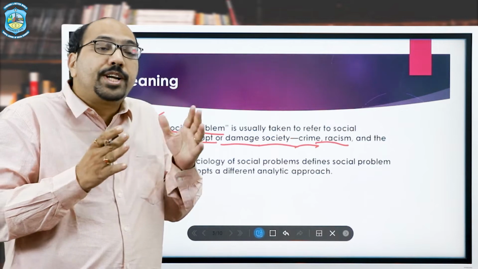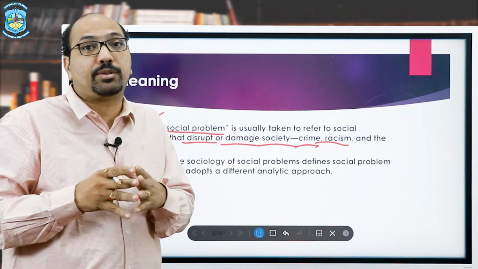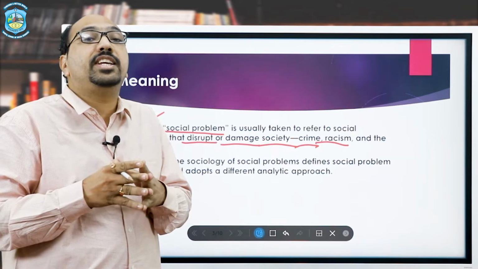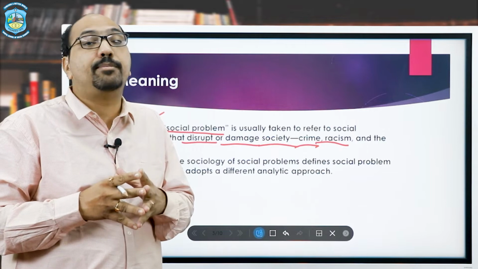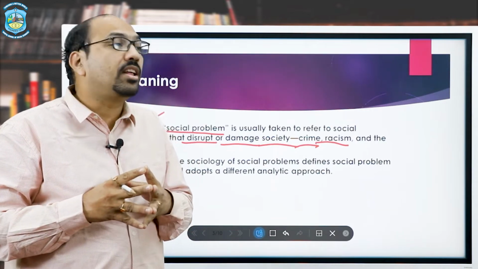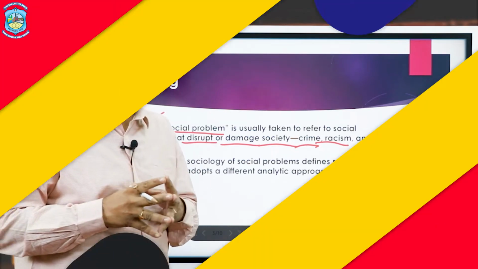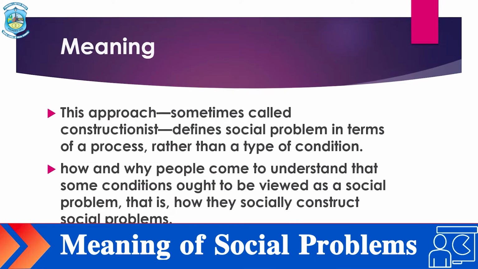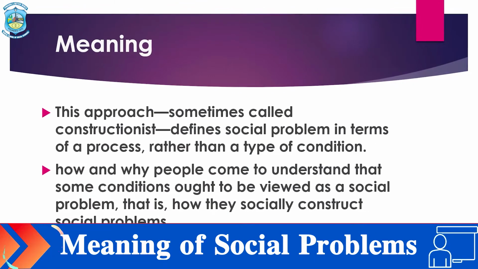So, a particular situation can be assumed to be a social problem when there is a view associated with it that this is a problematic condition, and more often than not, such a view is created with the help of media, activism, and advocacy processes. This approach is known as the social constructionist approach to define the social problem.